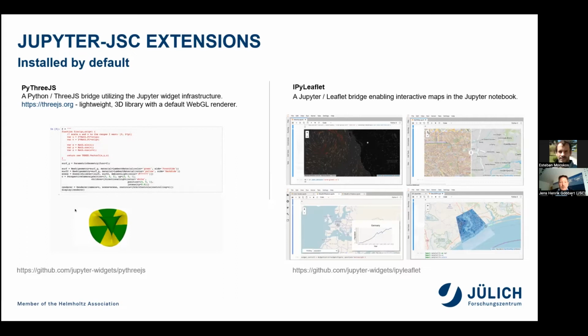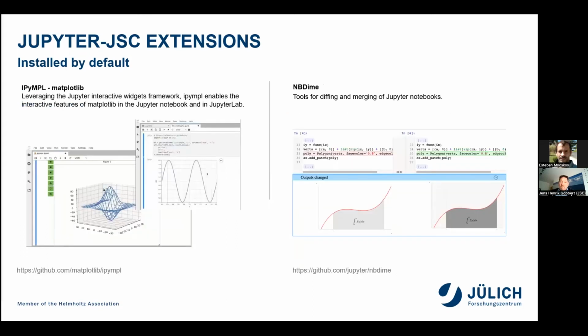used at different places. I think probably most of you know Matplotlib, because that's really one of the first-class citizens in the third-party extensions. NBDime is one on the right here, where one can compare the difference between my Jupyter Notebook from today and one from yesterday.